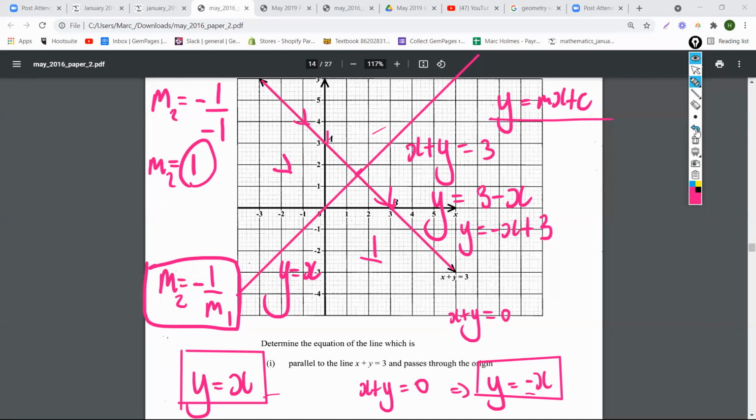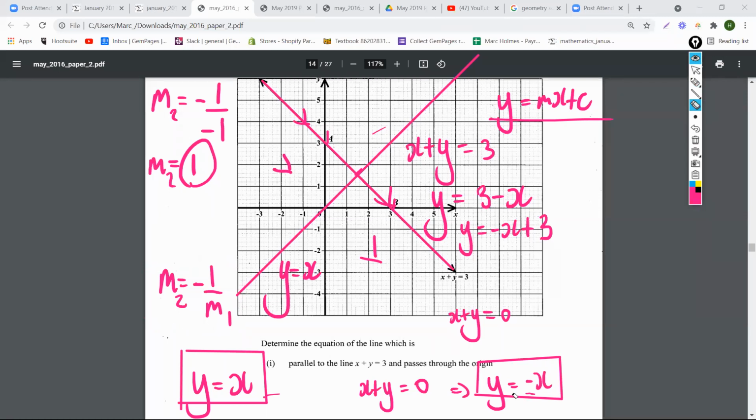I think I might need to send a video on this in the group in terms of how to find a perpendicular line. I think I've done it with you guys before, but it may be best I send you a video so you can brush up on it. I think everybody knows how to find the equation of the line. It's the perpendicular line that tends to give people problems. But you need to find the negative reciprocal of the gradient of the old line.